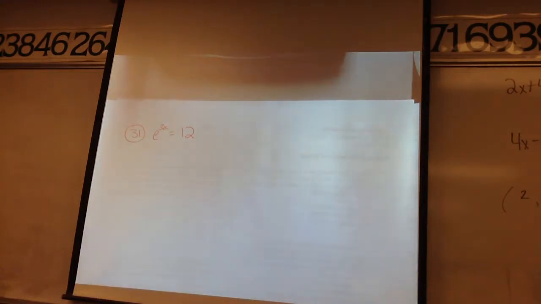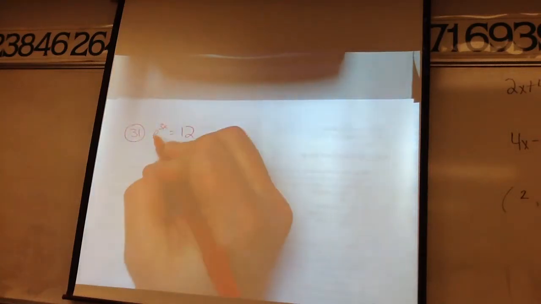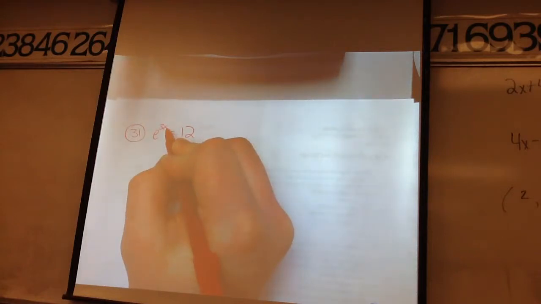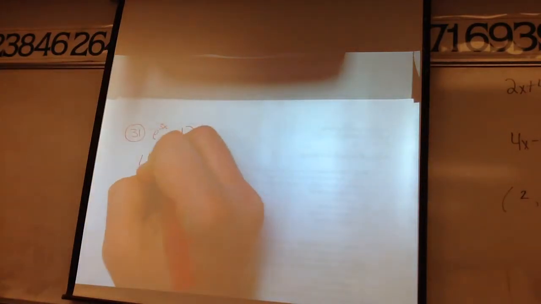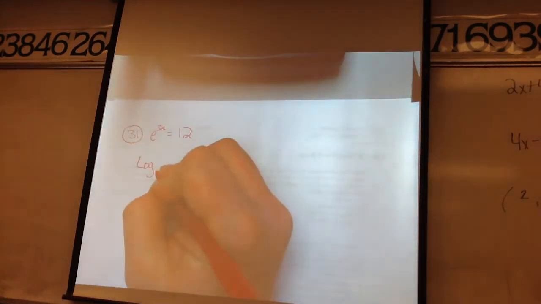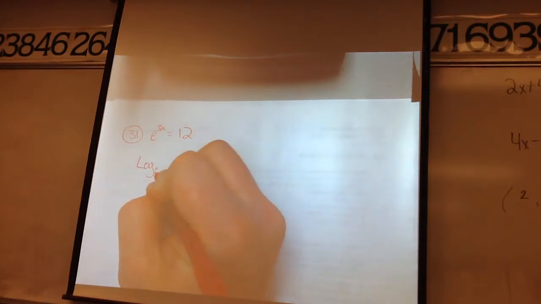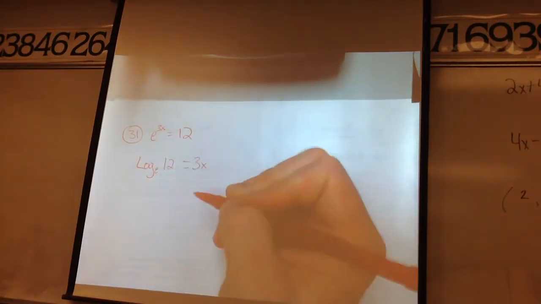I wouldn't even write ln right now. If I have an exponential equation where my variable is in the exponent, you're always going to switch it to log form. So I'm going to be like log, and I know it's this number to this power gives me this. So e is going to go down here, here's my power, and then here's 12.